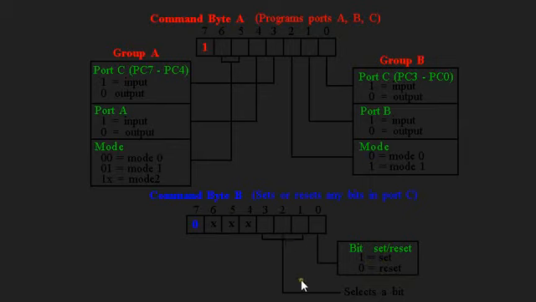Bits 3, 2 and 1 are for selecting the bit, and 4, 5, and 6 are don't care.